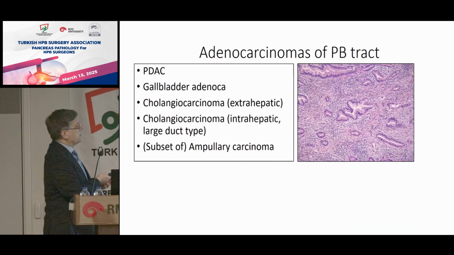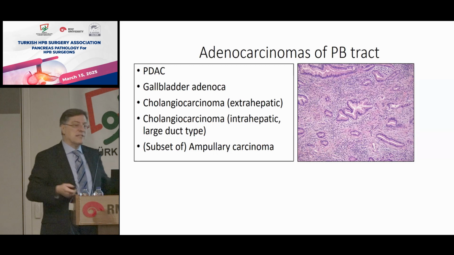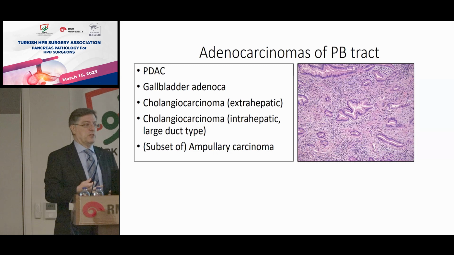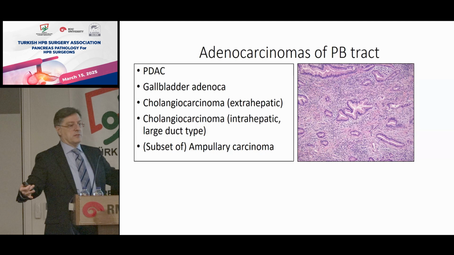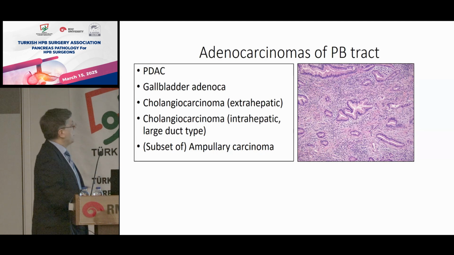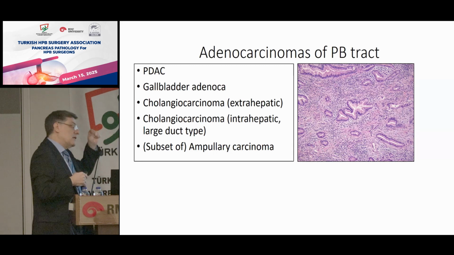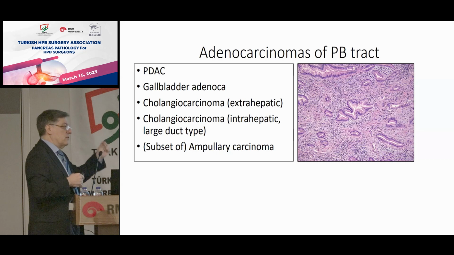Now, pancreatobiliary type adenocarcinomas also encompass as a group gallbladder, extrahepatic cholangiocarcinoma, and a subset of ampullary carcinomas because they have very similar morphology, very similar spreading patterns, desmoplastic stroma, aggressive behavior that makes us collect them under one heading, although increasingly we are seeing subtle molecular and other differences between these.